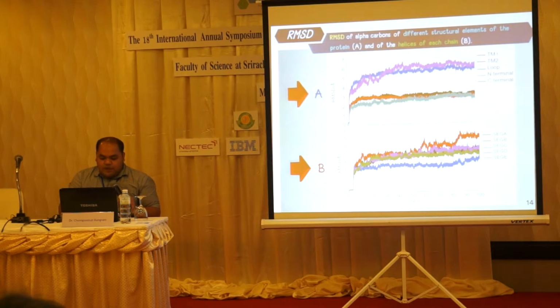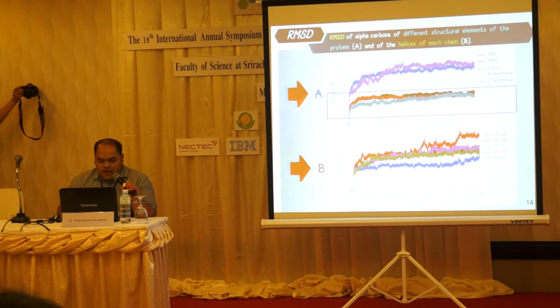The RMSD of the transmembrane and N-terminal helix are smaller than of the cytoplasmic domain and periplasmic loop. Thus, increased residues show more fluctuations, about 2 to 3 angstrom.